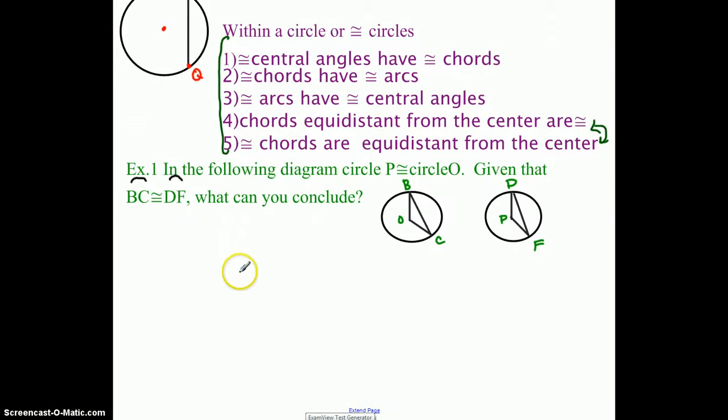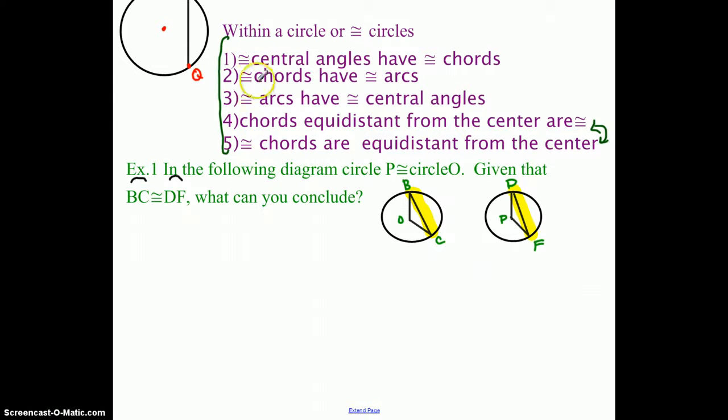So they tell us in this one, in the following diagram, circle P is congruent to circle O. Now they call it circle P because it has a center point of P. Circle O has a center point of O. It says given that you know that BC and DF are congruent. Now that means that you have congruent chords.